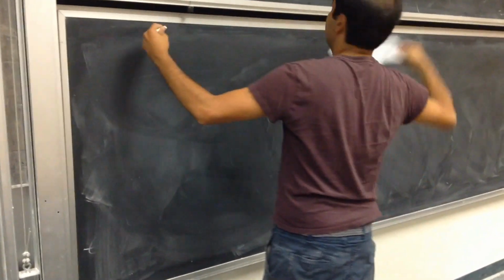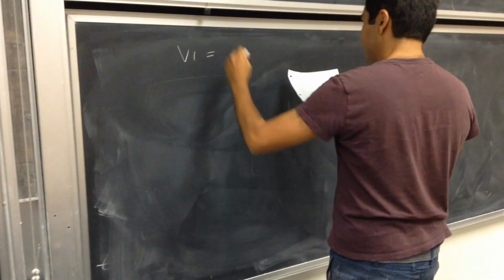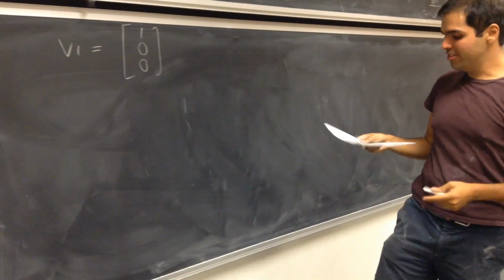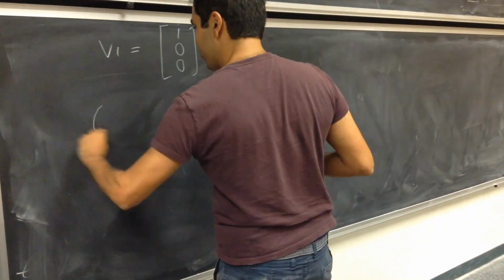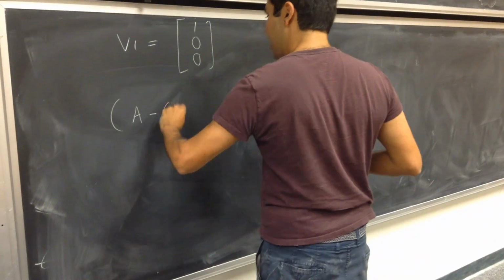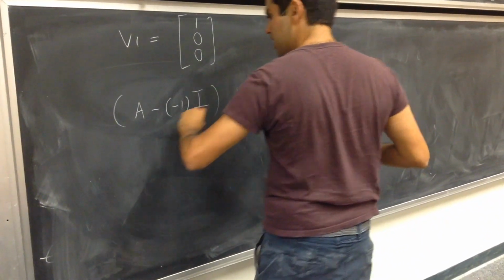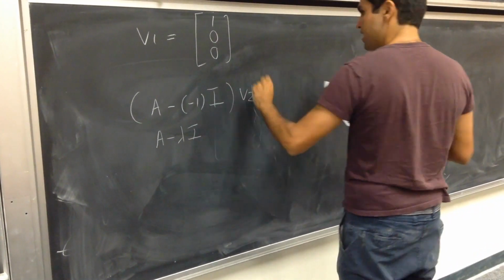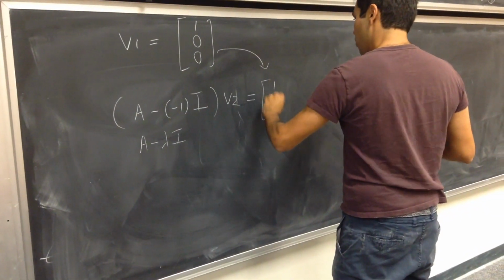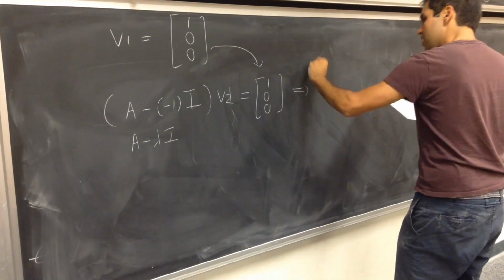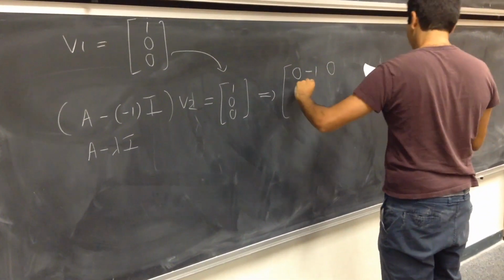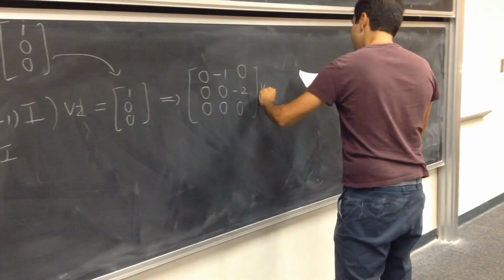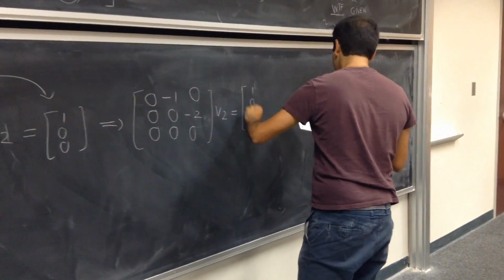Okay, so let's do this procedure. So as I said, v1 is the eigenvector, 1, 0, 0. And then to get the other one, solve A minus lambda I. Again, it's always A minus lambda I. v2 equals this chunk, 1, 0, 0, which tells you 0 minus 1, 0, 0, 0 minus 2, 0, 0, 0, v2 equals 1, 0, 0.